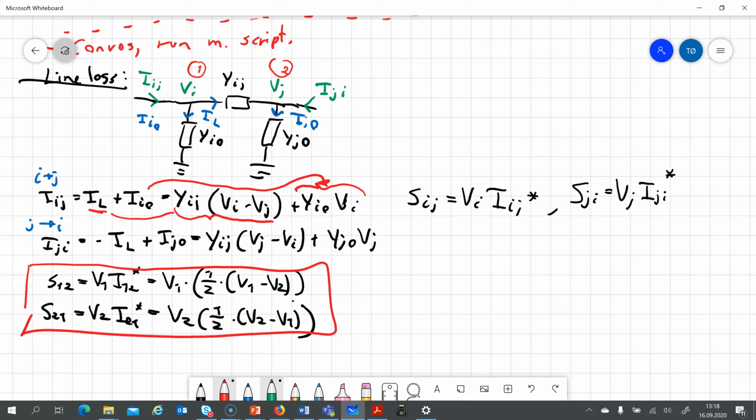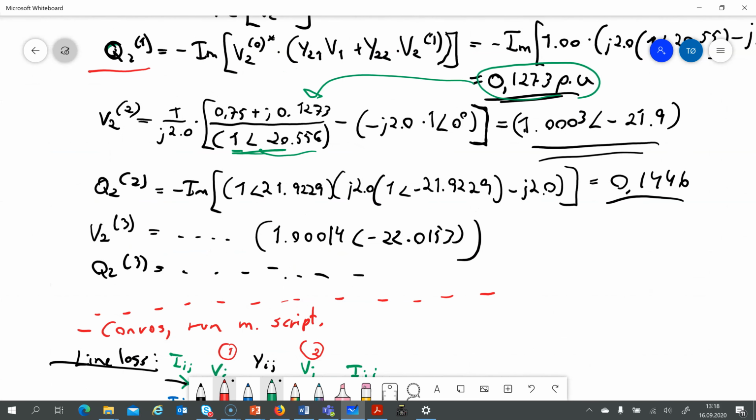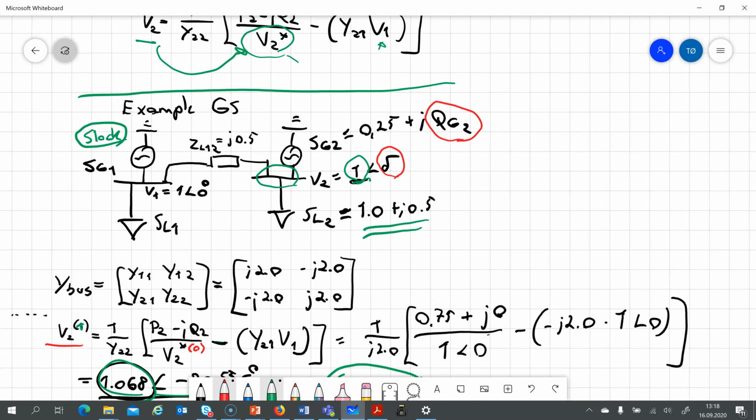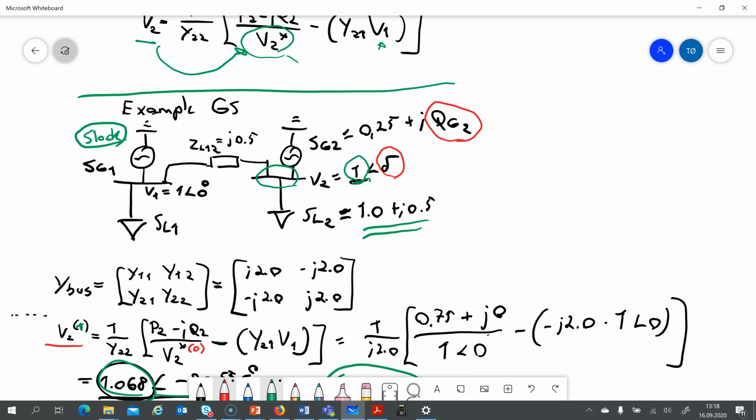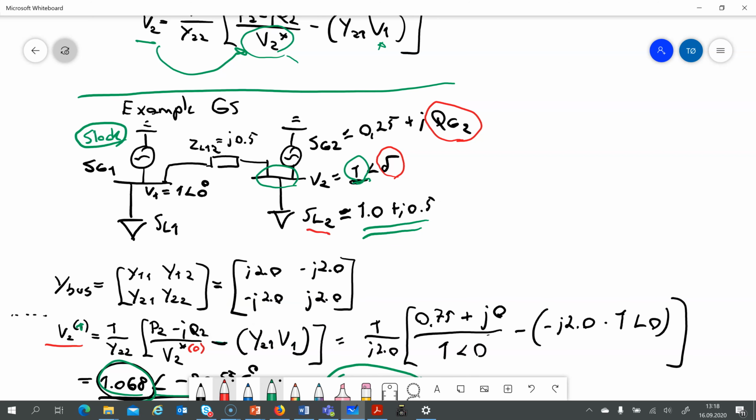One thing I maybe forgot to say, if we go up again to this diagram, you can see that the S load 2 has 1 per unit of load power, and we have a generator that's producing.